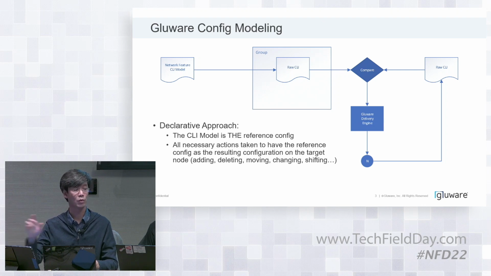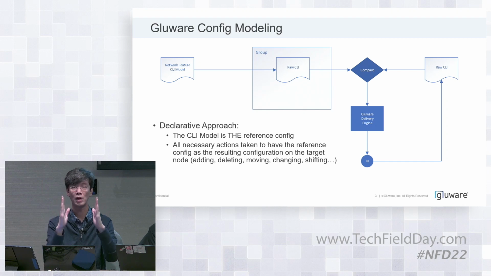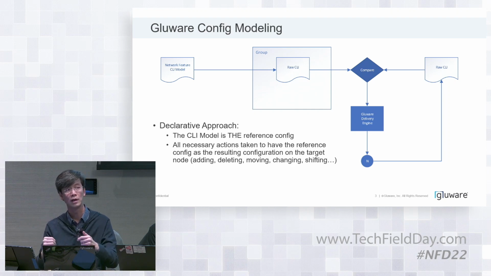This was very important for Merck when they were deploying quads. They have tons of boxes where they wanted to deploy quads. You have no idea what the state of the box is, and it doesn't matter, because you want to be able to declare, this is what I want as an end result, and you want the engine to figure out, okay, I'm going to have to add this, move this, shift this, and most importantly, delete this.